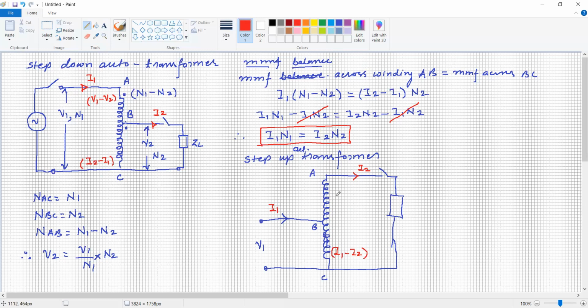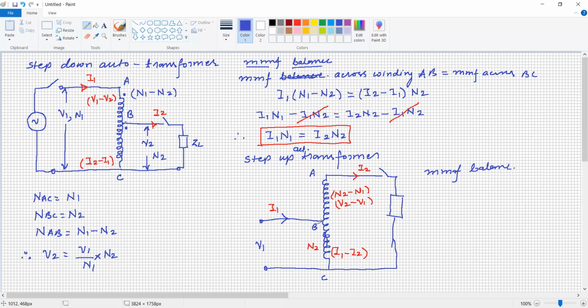Now here the number of turns is N2 minus N1, so definitely the voltage is V2 minus V1 up to this point. And here the total number of turns is N2. Now we will check the MMF balance.